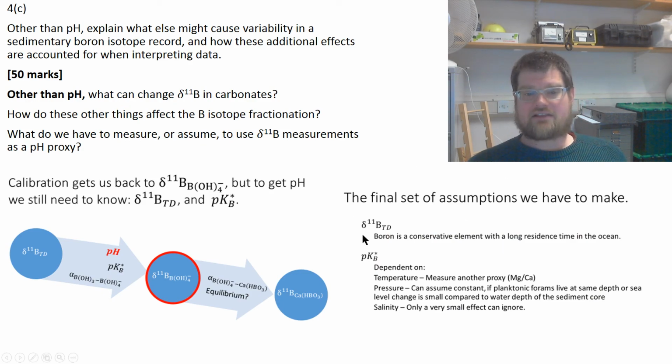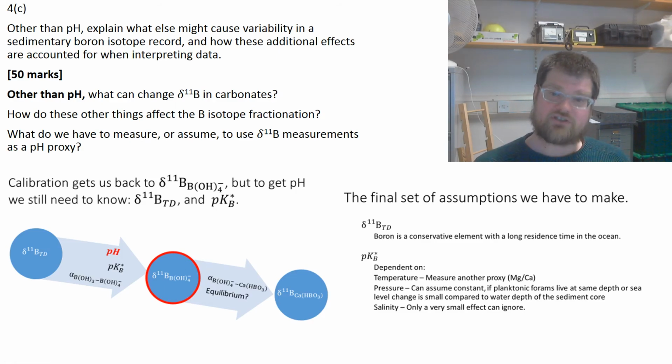Those empirical calibrations get us back to here, the isotopes of the borate ion, but really to get back to the pH, if that's the thing we want to know, we still have to worry about these other effects, and these are largely due to temperature.